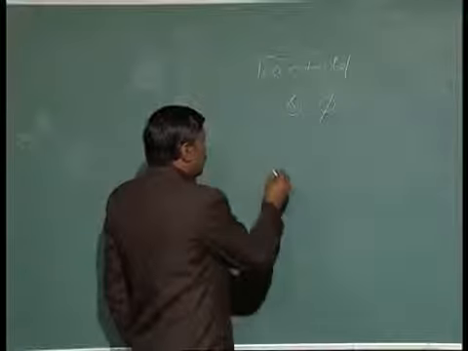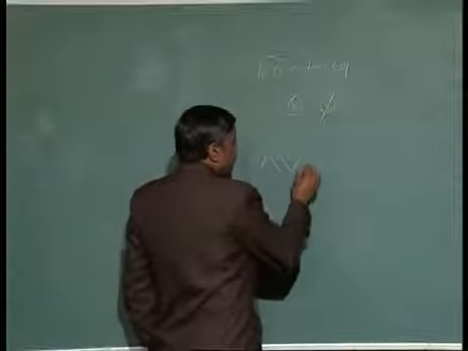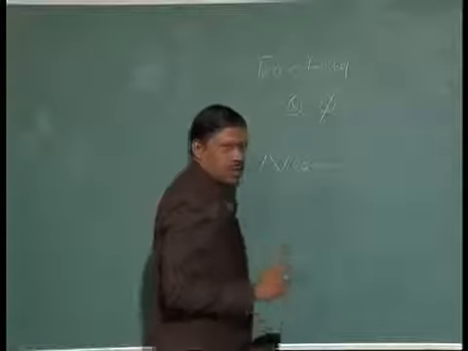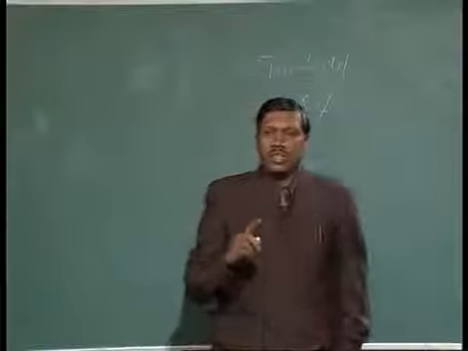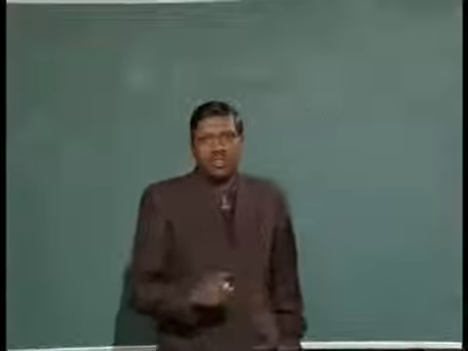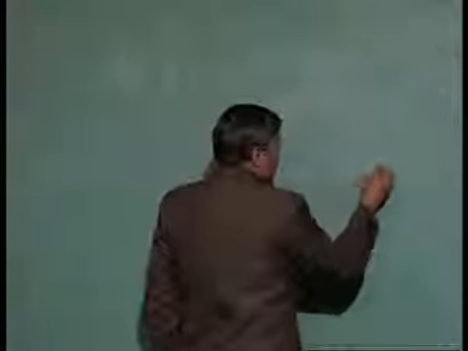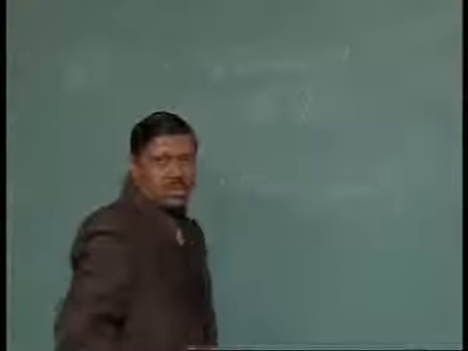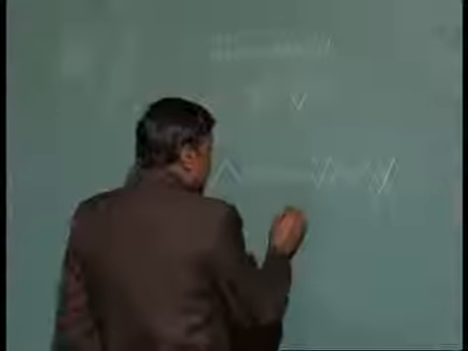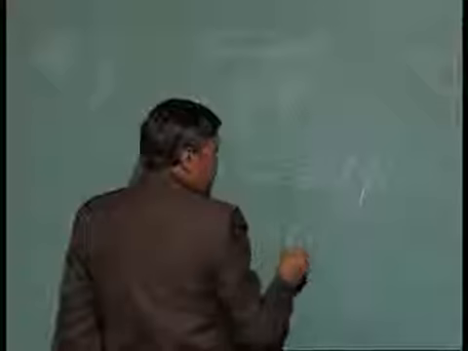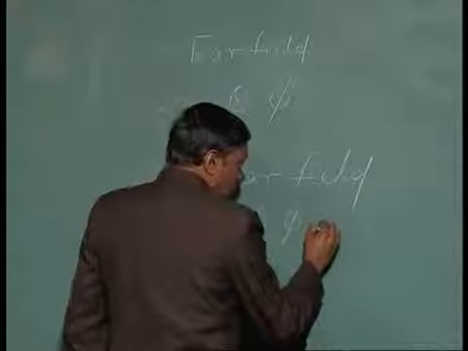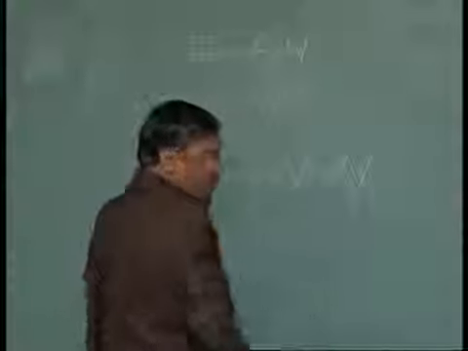But if we are interested in seeing the distribution of this field in the near field region, the surrounding which is nearer to the antenna, then this distribution is a function of theta, phi, and in addition, also the radial distance, which is r.